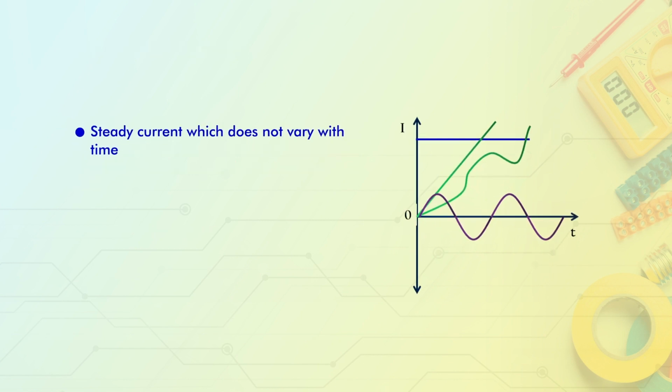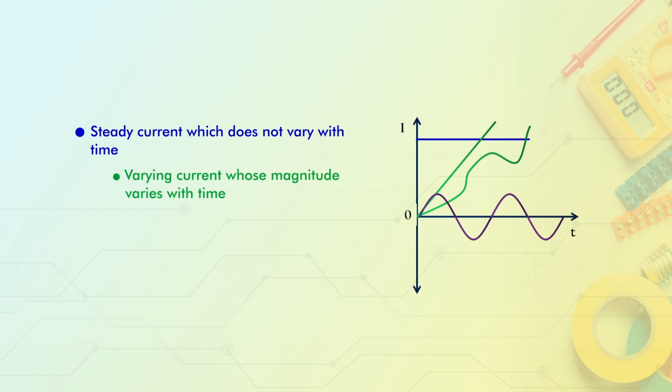So, there is steady state current. Steady state current does not vary with time. Here we can see the current and time graph, and the steady state current moves in a straight line, while varying currents are those whose magnitude varies with time.